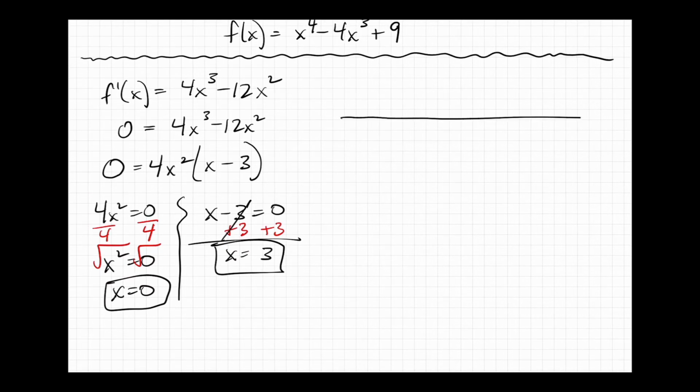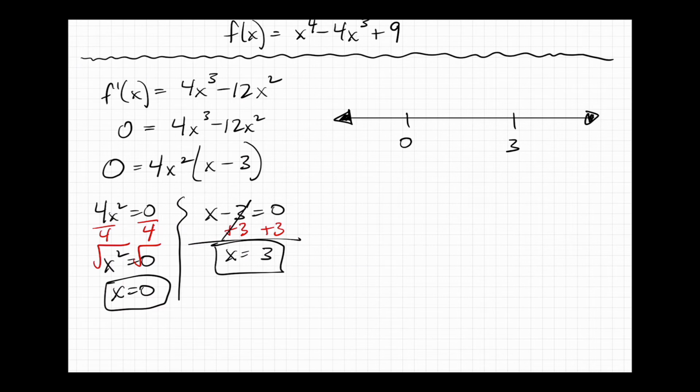But the question is asking, where is it increasing? So we have to use the actual first derivative test. At 0 and 3, it's not increasing or decreasing because those are critical values. But in between those, it's either increasing or decreasing.